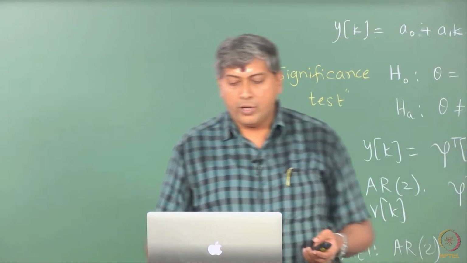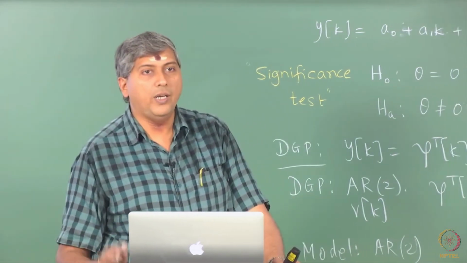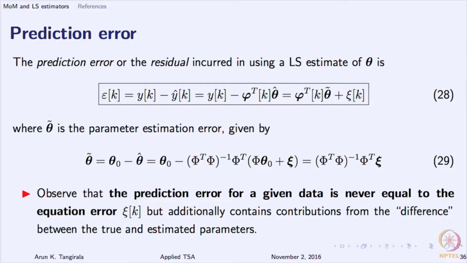So, you can see the expression for theta tilde is phi transpose phi inverse times phi transpose z. Clearly, the properties of theta tilde now depend on three things.